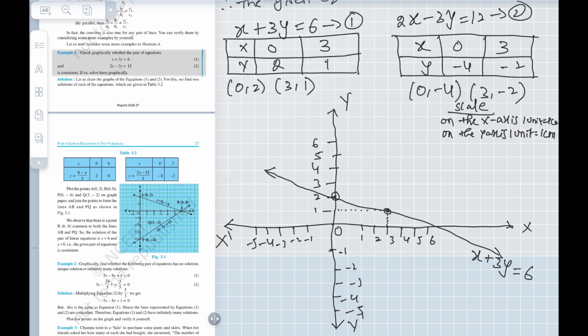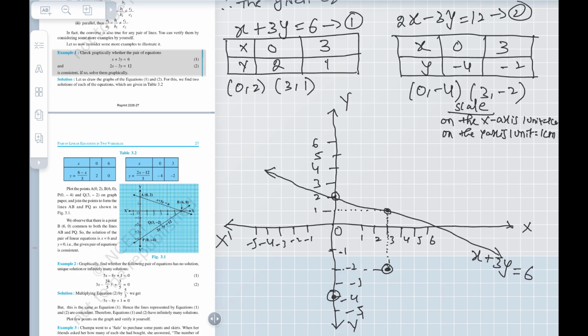0 comma minus 4, x value 0 and y value minus 4. On the y-axis you will get it here, please highlight it. And next 3 comma minus 2, x value 3 and y value minus 2, these both will intersect here. So please highlight here 3 comma minus 2.